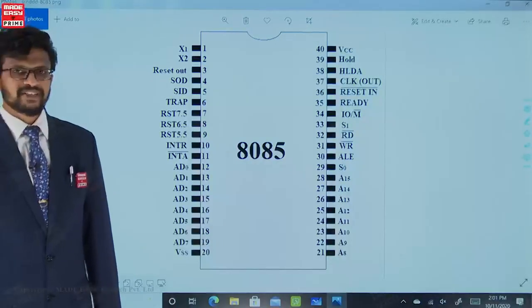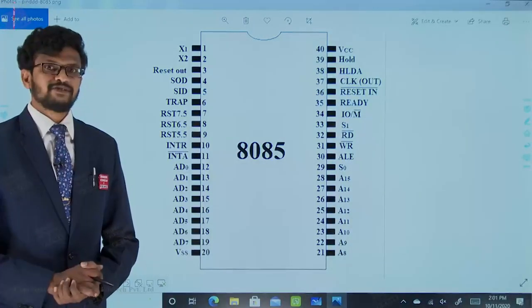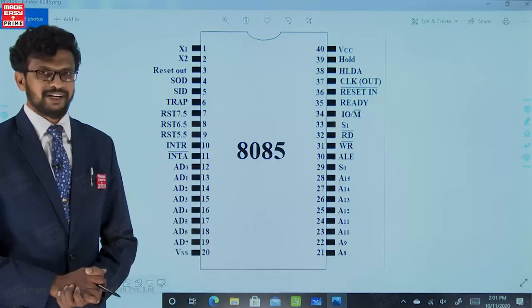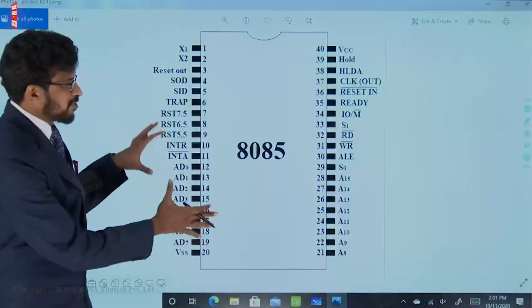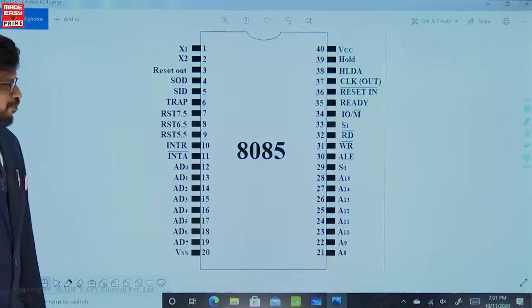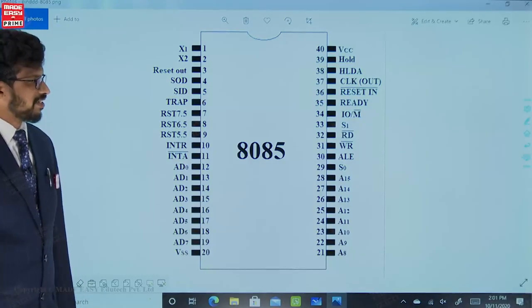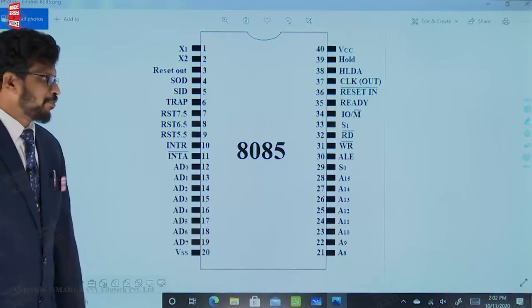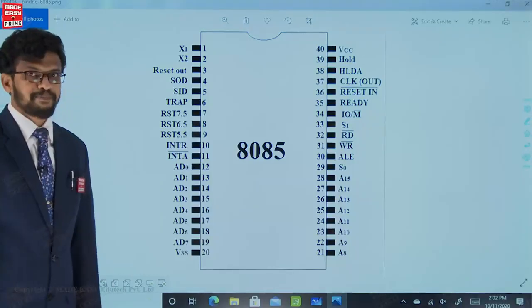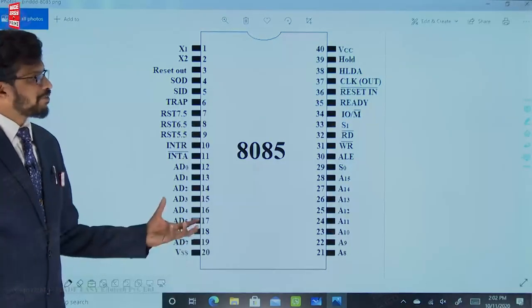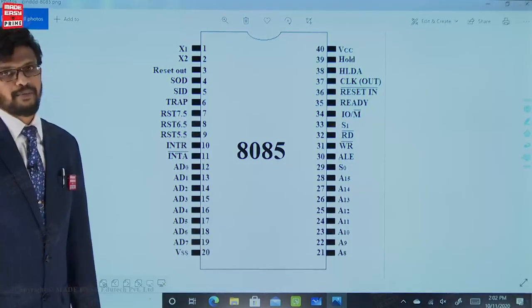Till now, we have discussed elaborately about the different kinds of interrupts which are possible in 8085. So this is the 8085 microprocessor which we are discussing. It's amazing that in the 70s itself, people were able to design such a powerful processor which was able to solve most of the problems.